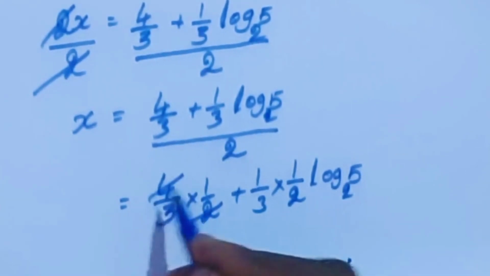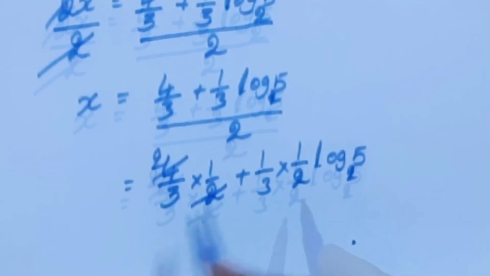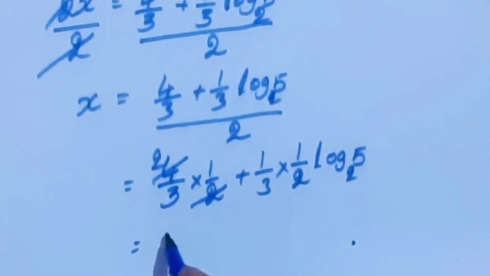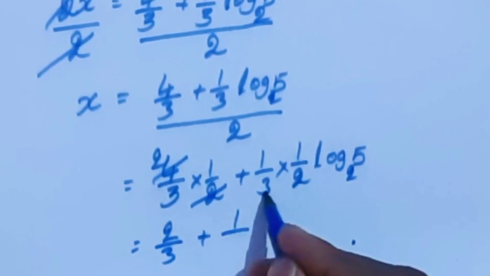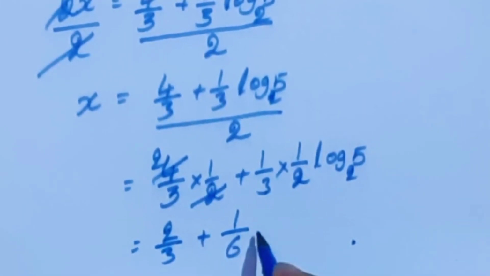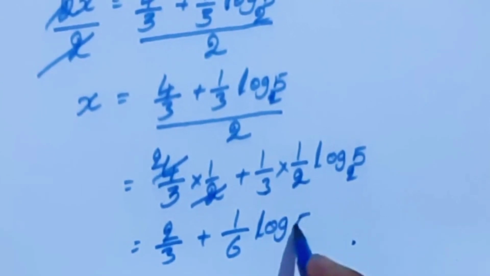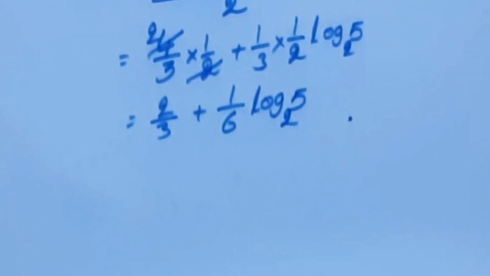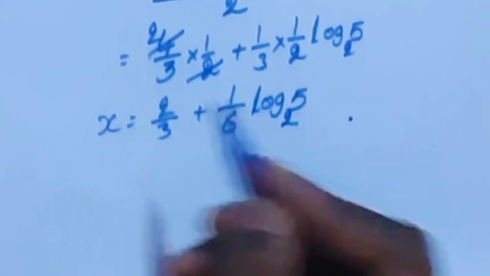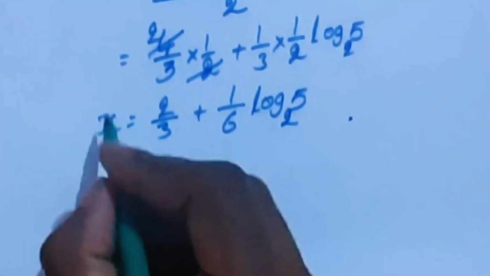Now simplify this, we get 2 times 1 is 2 by 3 plus 1 times 1 is 1 by 3 times 2 is 6 log 5 base 2. This is the x value.